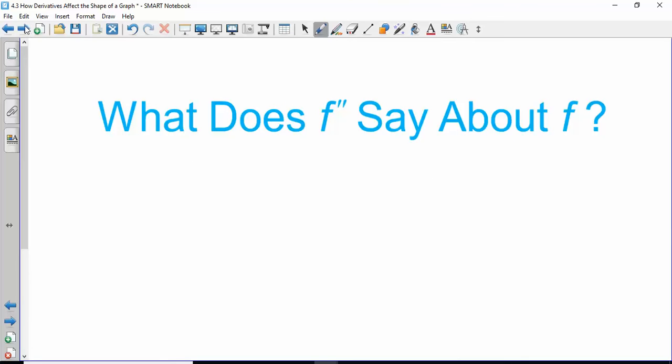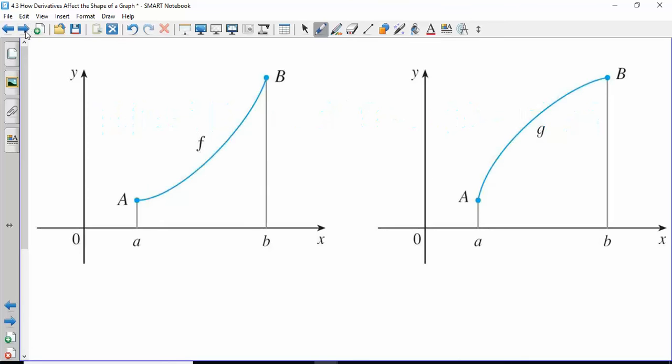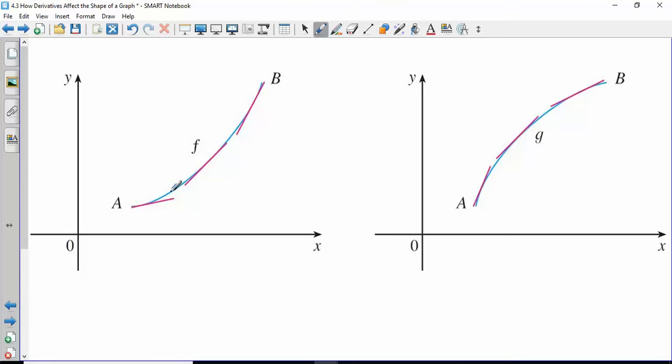So now I want to talk about the second derivative. If I look at these functions, f and g, we could draw in the tangent lines. We know that all these tangent lines would have a positive slope because the original graph was increasing.